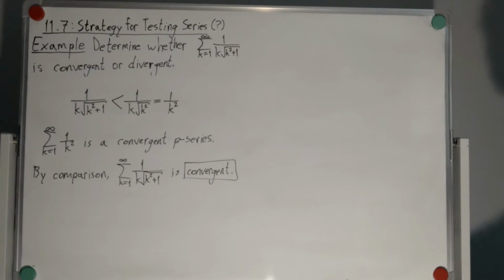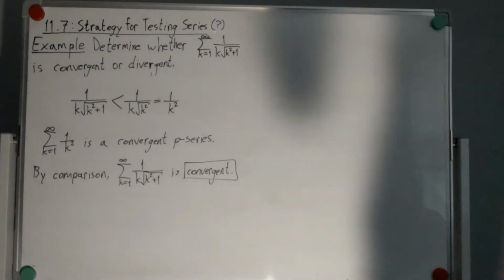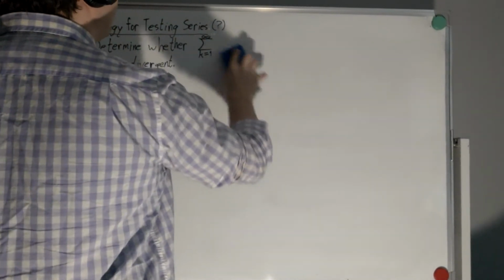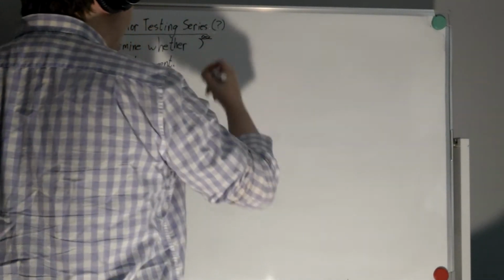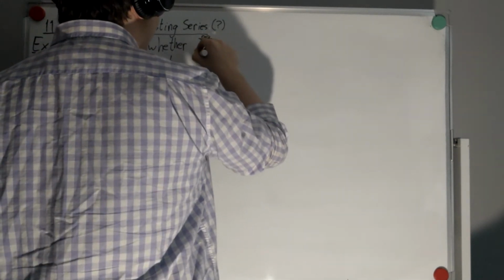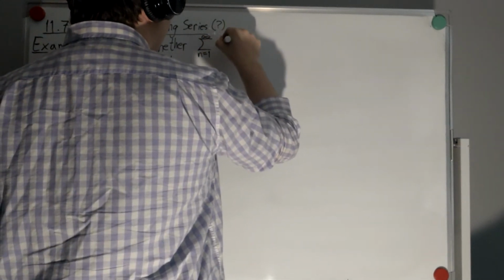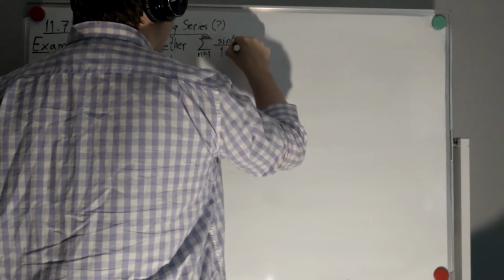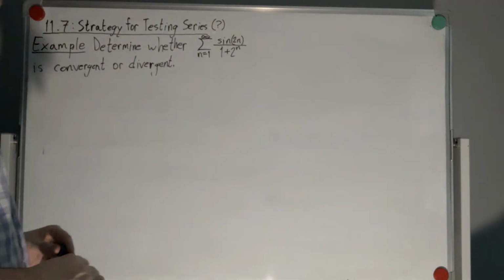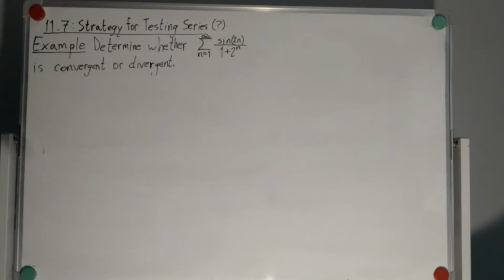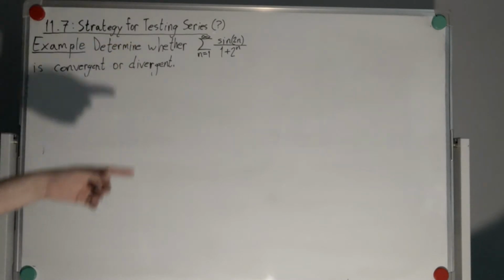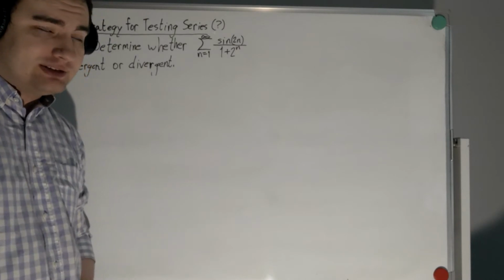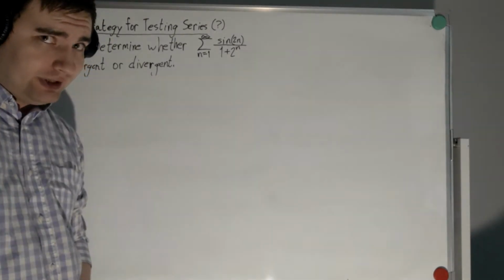Next up we have the sine of 2n divided by 1 plus 2 to the n. Okay, so when I look at this series, I noticed that it's not alternating, but its terms are not all positive either.